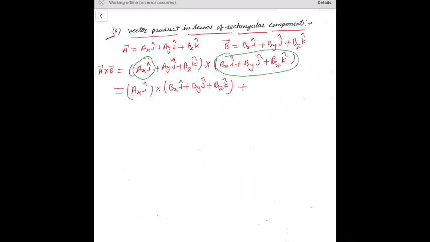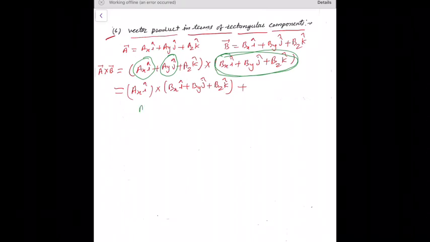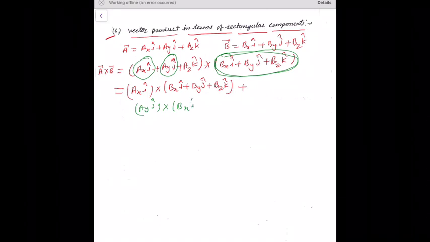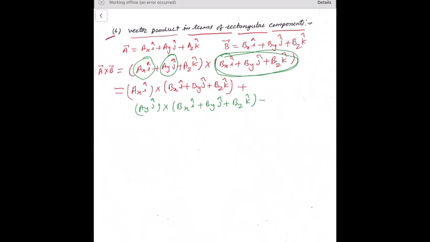Next, plus ay j cap cross product with bx I cap plus by j cap plus bz k cap. So ay j cap cross bx I cap plus by j cap plus bz k cap.